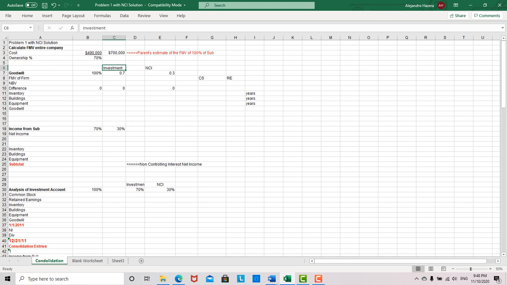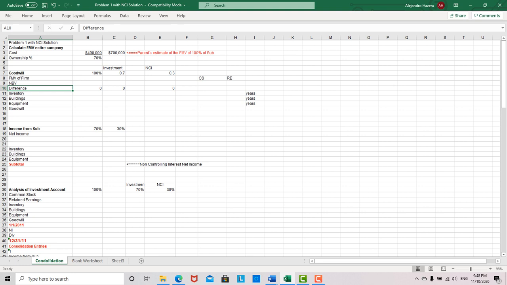Next, let's go down to the goodwill calculation. Notice that going down, it's the same as before. We have the cost, the fair market value of the firm. We subtract out the net book value and get a valuation difference.